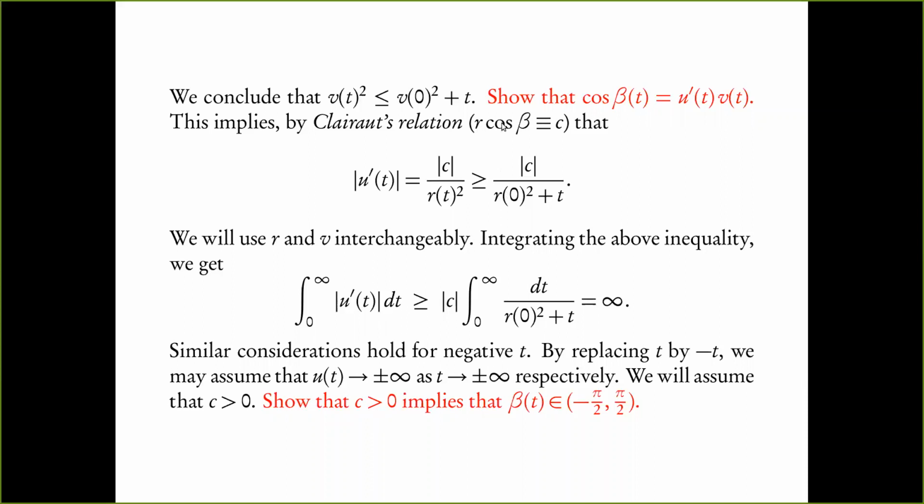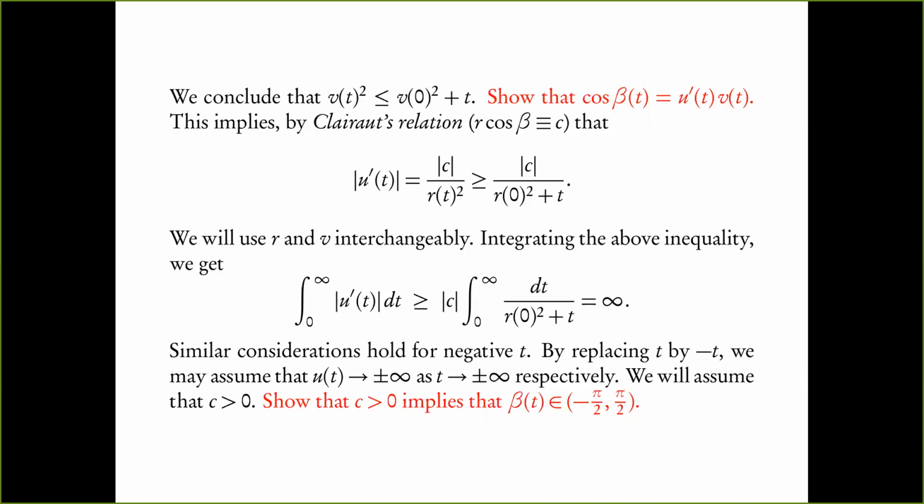It's a radius. So cosine beta has to be positive. But then the values of beta can only be from minus pi over 2 to pi over 2 in that open interval, or from pi over 2 to 3 pi over 2 in that open interval. It cannot be minus pi over 2 or pi over 2. But cosine is positive means beta has to be in this interval. That's all. Okay, so is that okay?